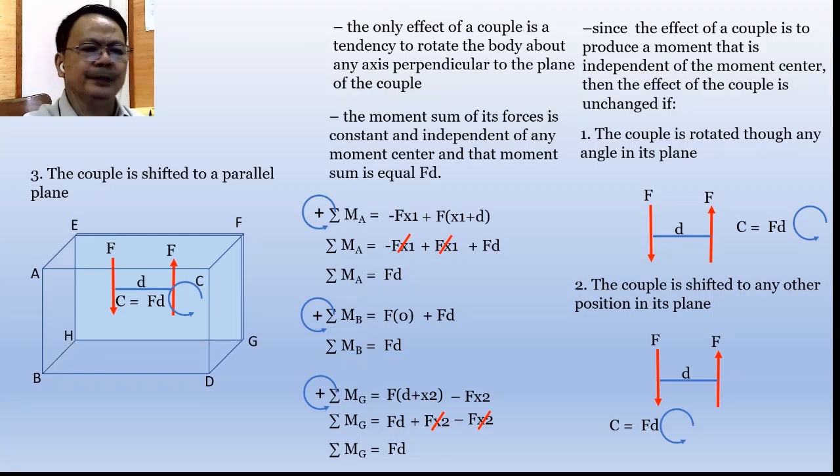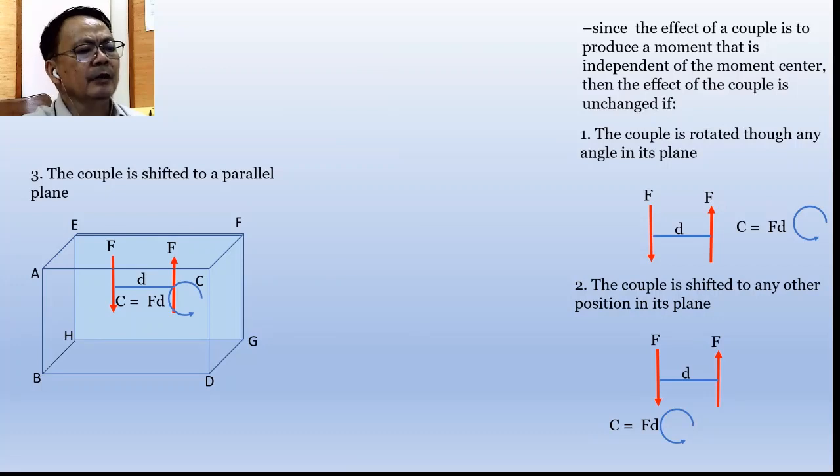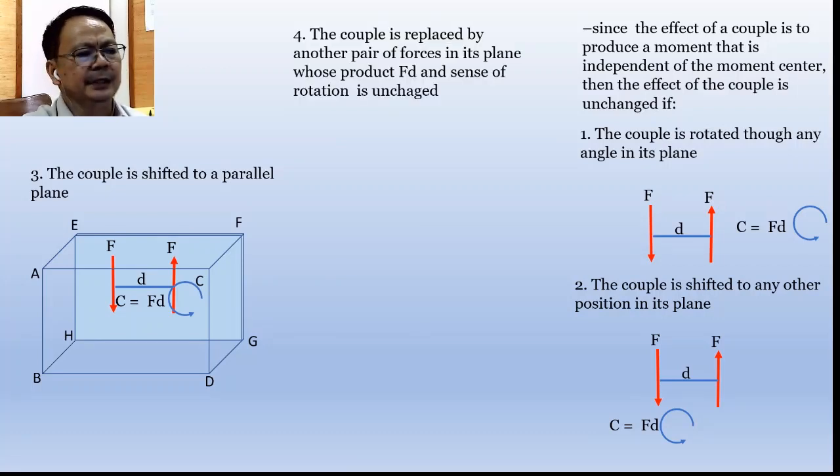Another property of the couple is that the couple will not be changed if the couple is replaced by another pair of forces in its plane whose product F multiplied by D and sense of rotation is unchanged. It says here that the effect of the couple will not change when the couple is replaced by another pair, as long as the product F multiplied by D remains the same and the sense or direction of the couple is the same as the direction of the original couple.